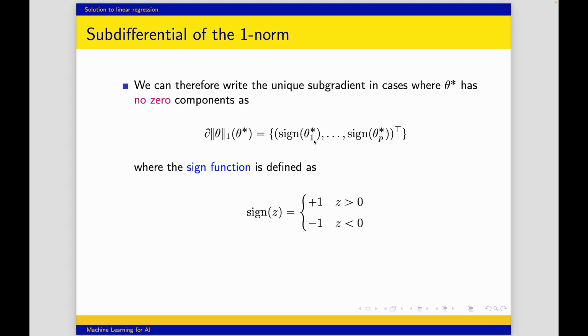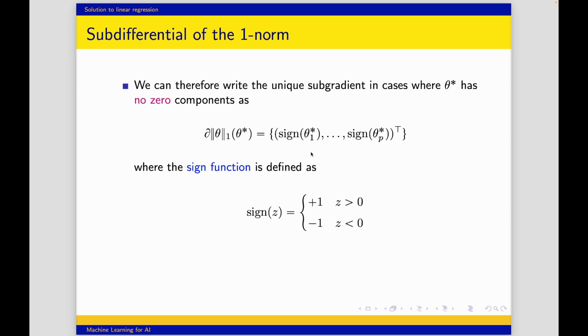So if theta 1 star is positive, this is just plus 1, and if it's negative, it's minus 1. Each of these components, theta 1 star to theta p star, is either positive or negative, so we end up with a vector of plus ones and minus ones. And that is the subdifferential. It's a singleton set which contains just this one vector.